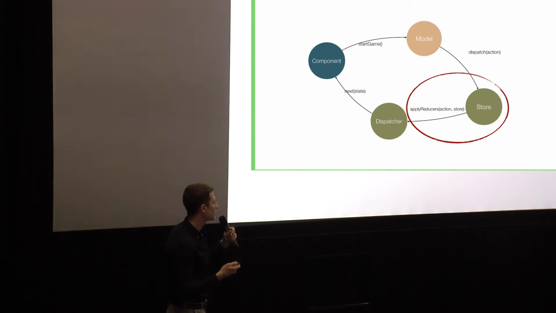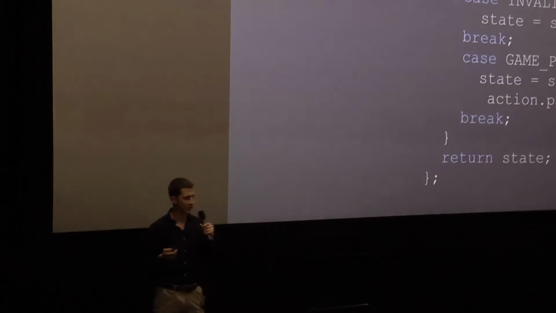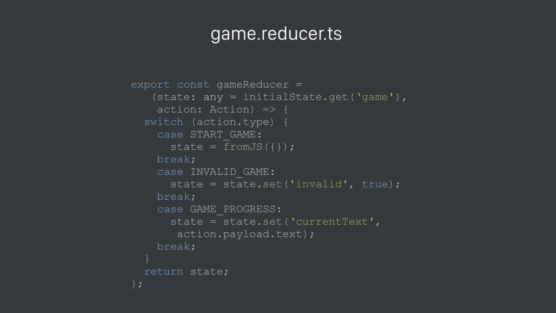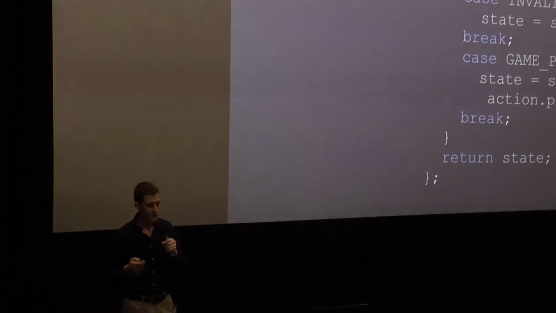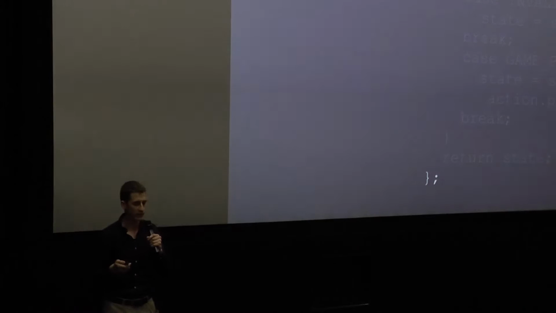And once we dispatch the action, we are applying all the different reducers associated to the store with this action and the actual store. And this is an example of a reducer, basically nothing more than what we already have in Redux. The reducer accepts two arguments, the state, which is an immutable state, and the action.